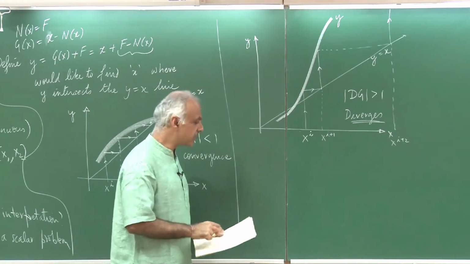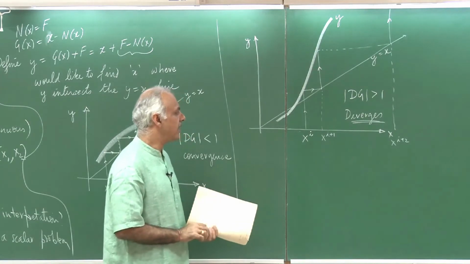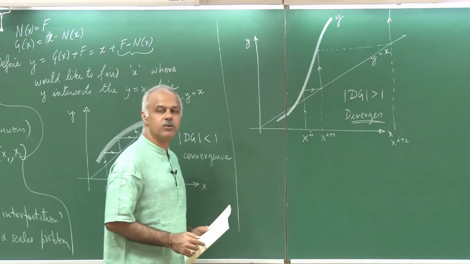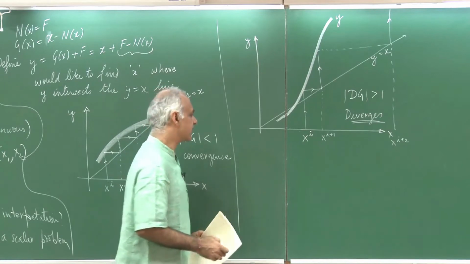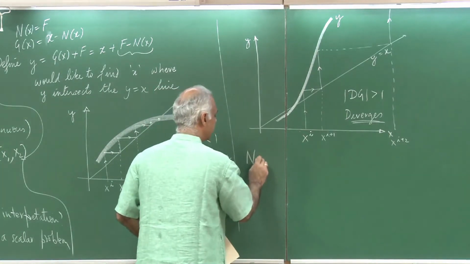Okay, now let me show you another method which is a little bit more demanding, but it has faster convergence. So we are going to talk about the Newton-Raphson method.